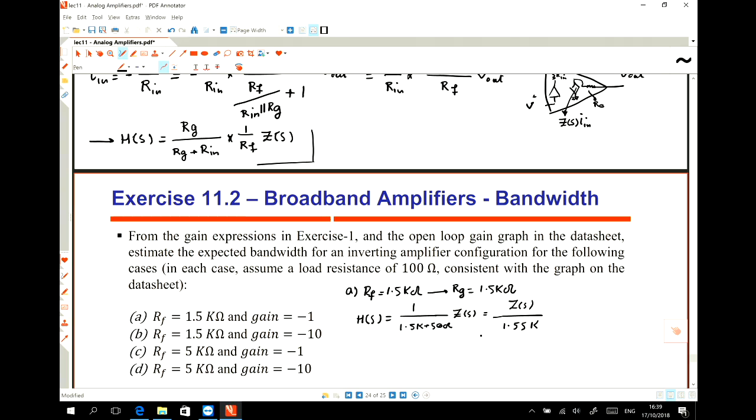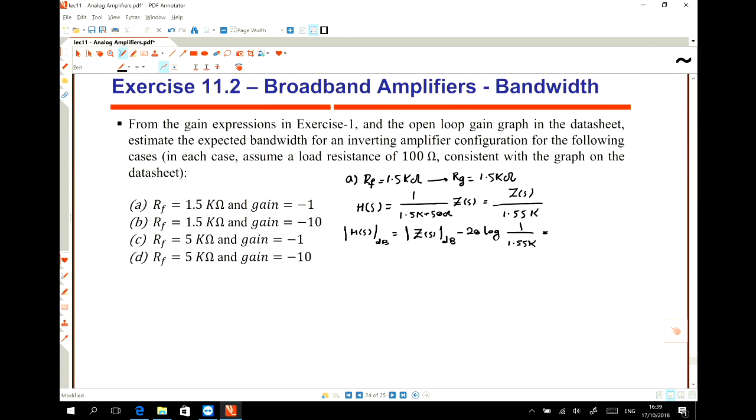So if I write this in dB format, I say that this HS in amplitude in dB equals this ZS amplitude in dB minus 20 log of 1 over 1.55K, which equals 63.8 dB. Sorry, 63.8.